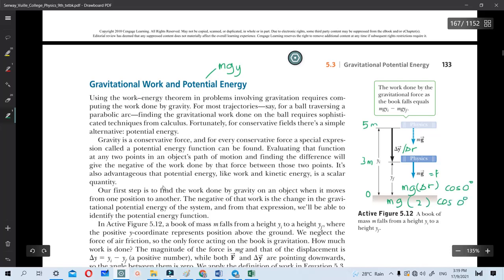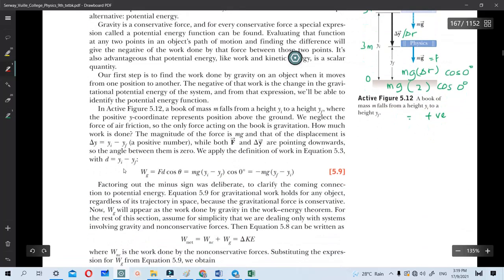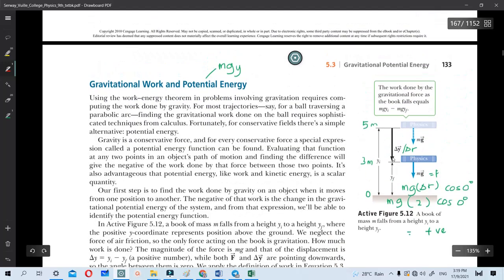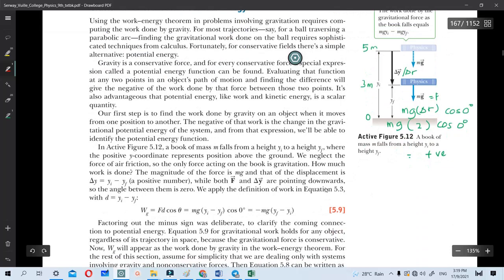What I'm tempted to say is, you should arrive with a positive value, because it's travelling in the same direction as the displacement. Now, when we develop an expression for calculating work by gravity, observe, if we consider the concept of delta y, it will turn out to be something like this: negative mg times delta y, final minus initial.